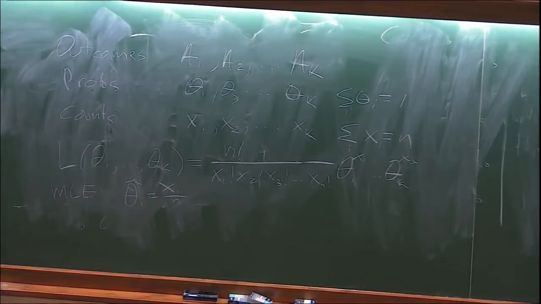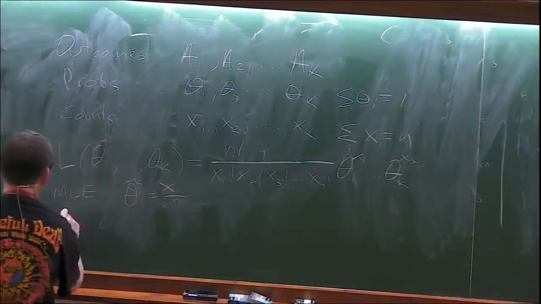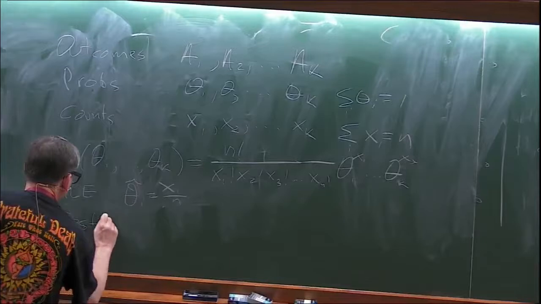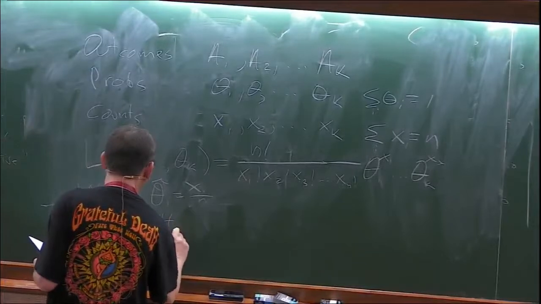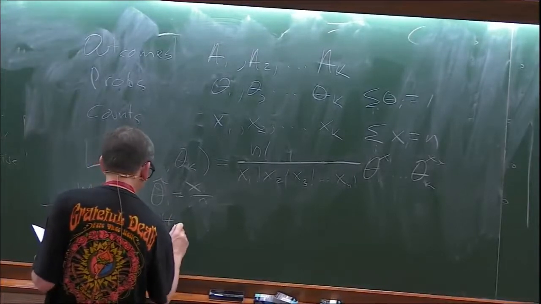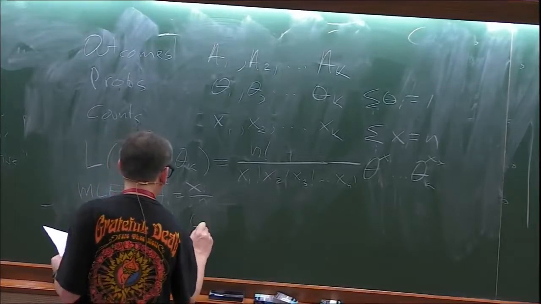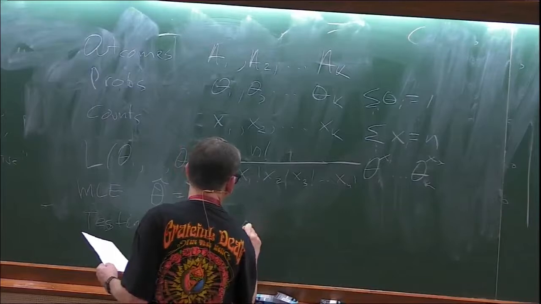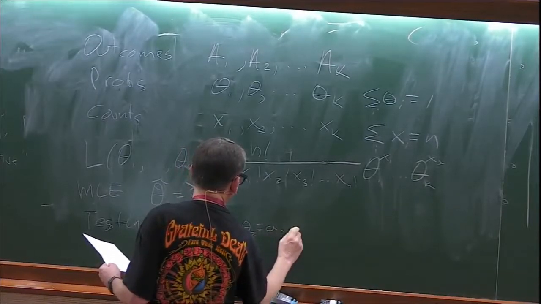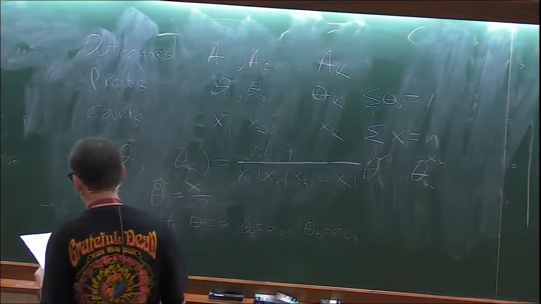Because under the null hypothesis, you're basically going to be looking at the sample ratios, and then for testing, what you've got is H0 is that theta 1 equals a1, theta 2 equals a2, and so on.